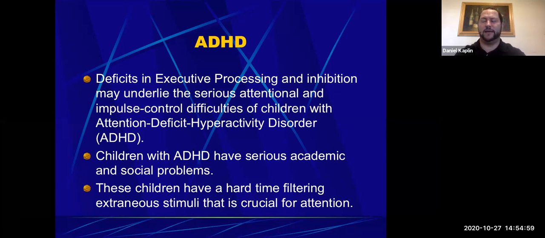So let me give you an example of how ADHD could affect someone on a social level. If a person has ADHD, they might just barge into another person's conversation, or they might say whatever comes to mind before they think it through, and they could hurt people's feelings.